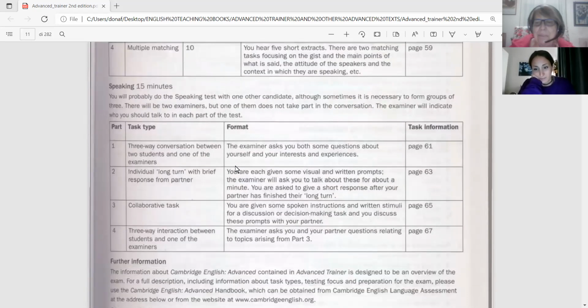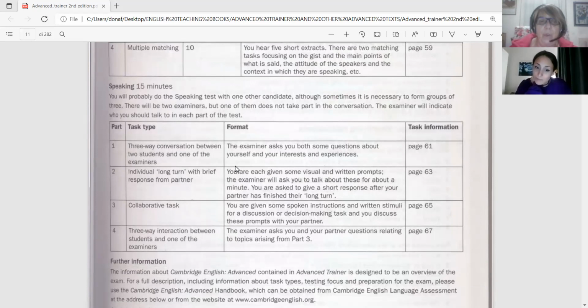And the speaking. The speaking is something that we have to practice because you are a bit shy. So you have to learn how to speak without any problem and speak about any topic, even topics that don't interest you at all, even with people you don't know.